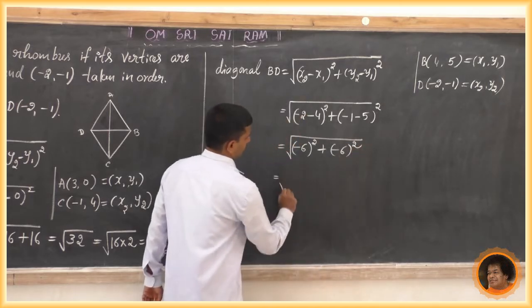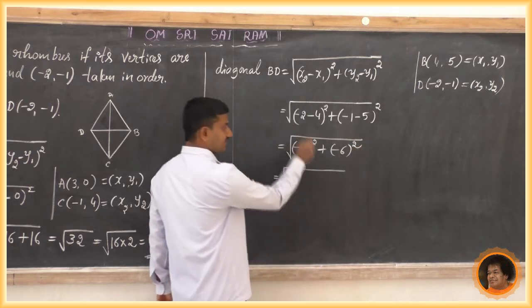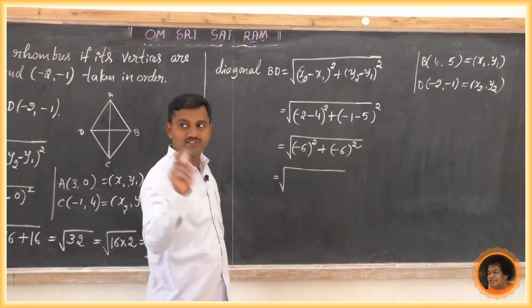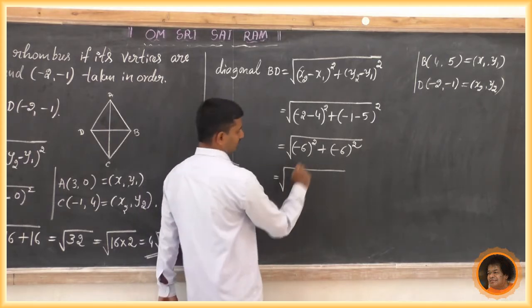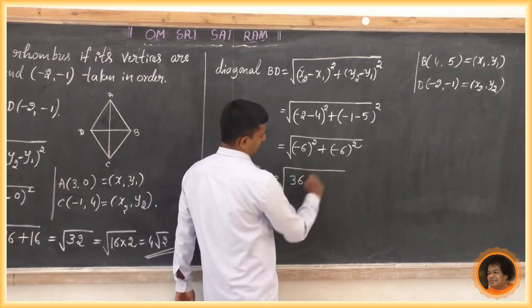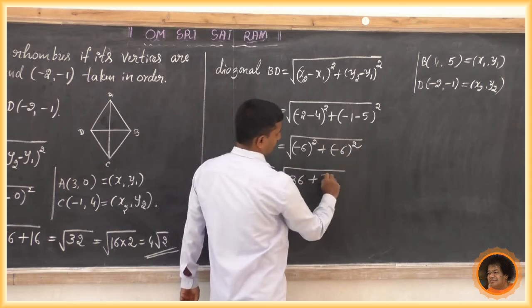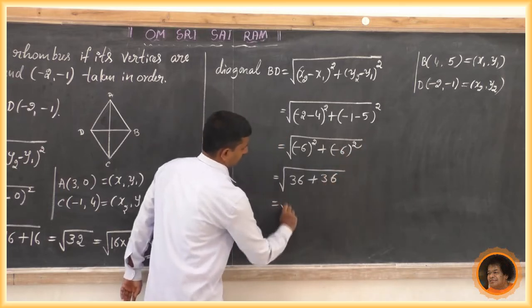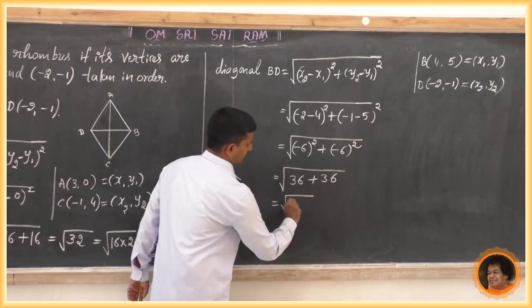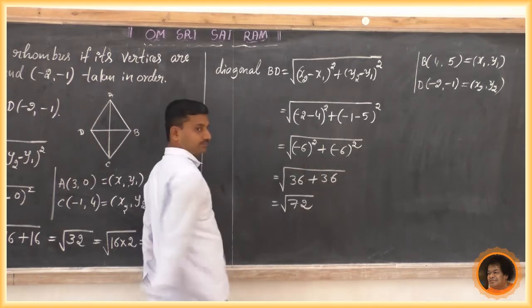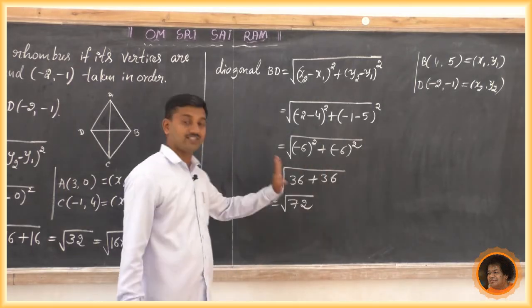Minus 6 into minus 6 is plus 36, and here also 36. Square root of 36 plus 36 is 72. 72 is not a perfect square number.